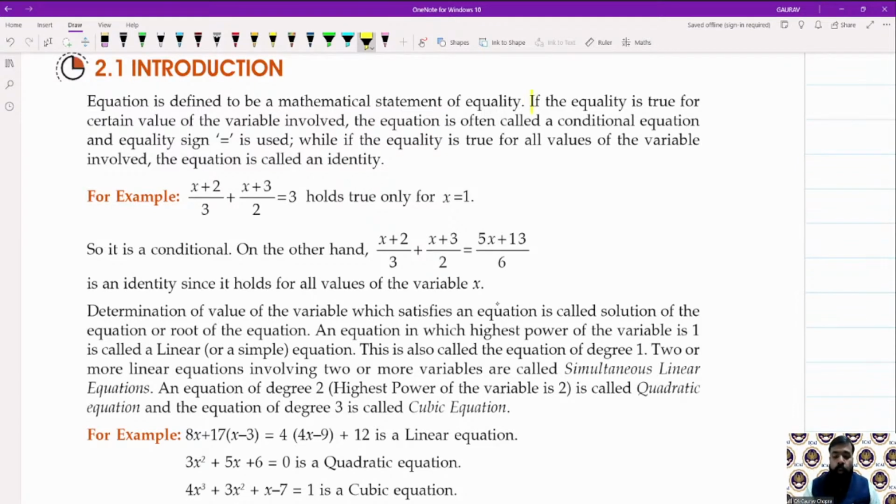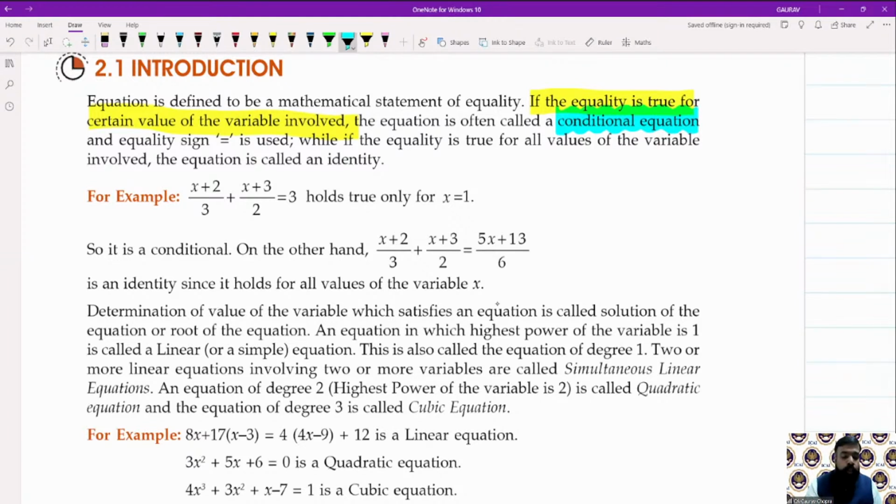If the equality is true only for certain values of the variable involved, let's say only for one or two or three values, then it is known as a conditional equation.